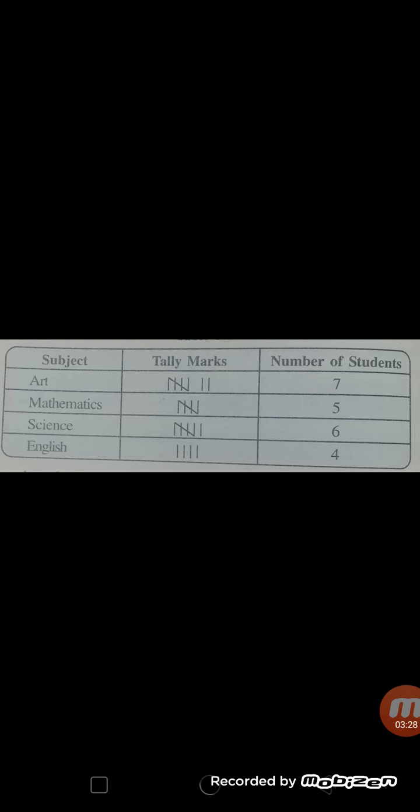The number of tallies before each subject gives the number of students who like that particular subject. This is known as the frequency of the subject. Frequency gives the number of times that a particular entry occurs. The table made is known as frequency distribution table.